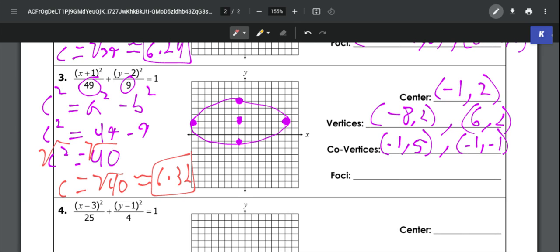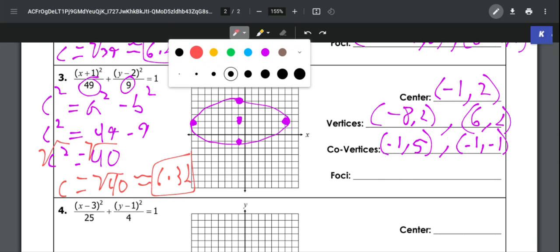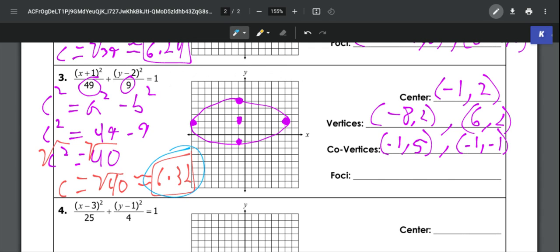And now if you remember from our notes in the last video, our foci is plus or minus c units from the center. So our foci will be plus or minus 6.32 units from the center.